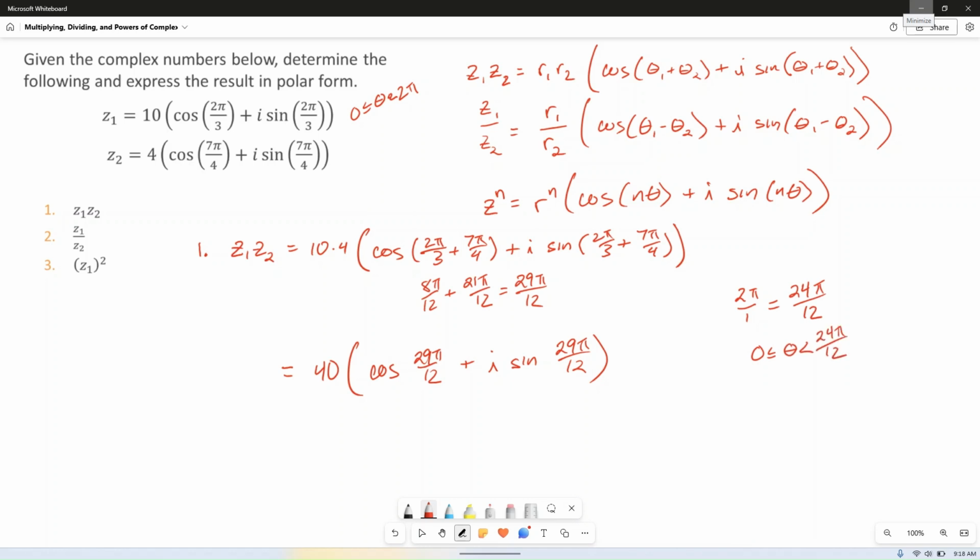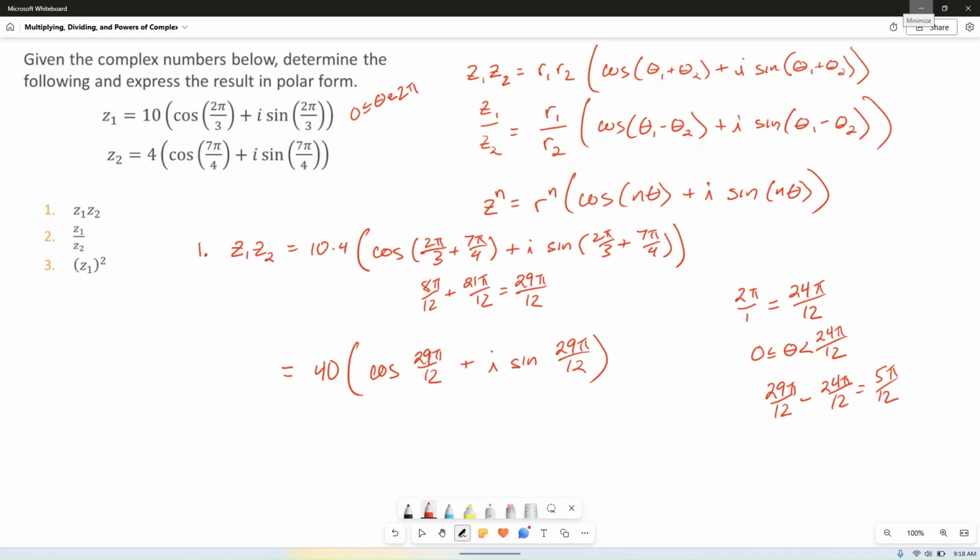Well, 29 is not between 0 and 24 pi over 12. So to find the coterminal angle, I just take the angle I have, which is 29 pi over 12, and I subtract a 2 pi from it. Well, remember 2 pi is the same thing as 24 pi over 12. So 29 pi over 12 minus 24 pi over 12 is just going to be 5 pi over 12.